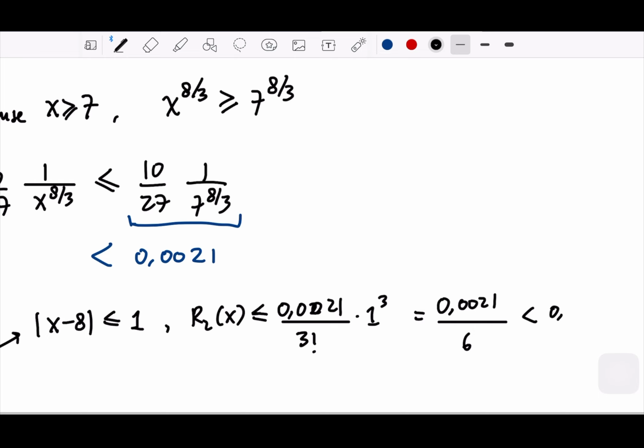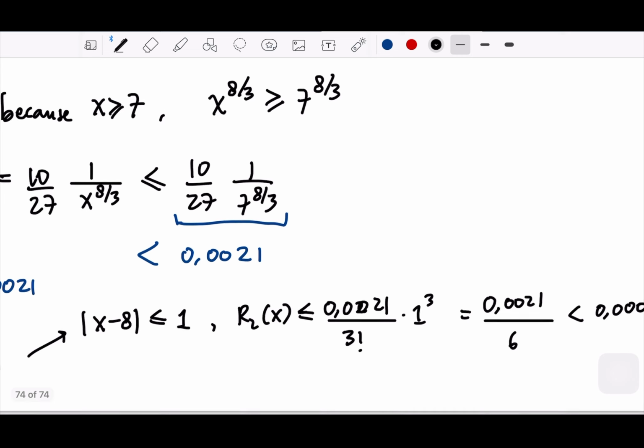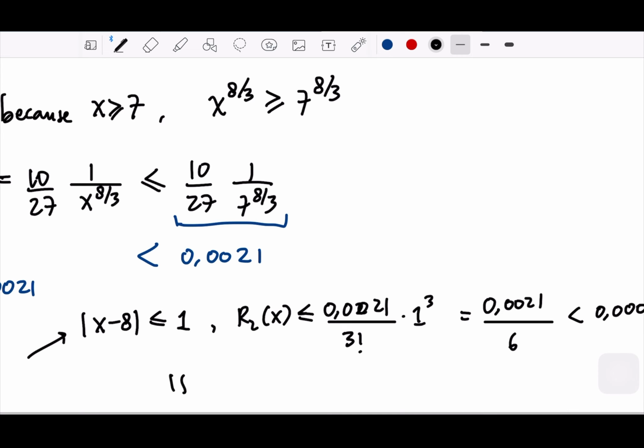And this gives you 0.0004. So if 7 is less than or equal to x less than or equal to 9, the error will be equal to this.